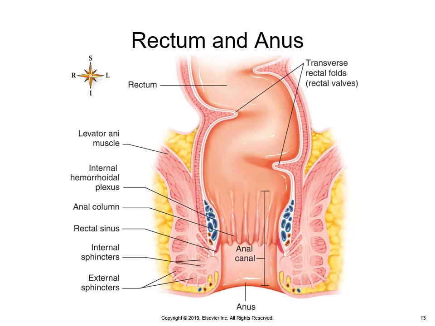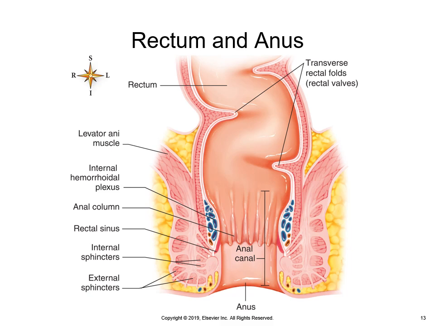So the rectum, again, we said that that's the final section of the lower digestive tract. And it does lead to the anus, which is that external opening. The rectum is here, and it leads to the anus down here, and that's where the waste or fecal matter is going to exit the body.